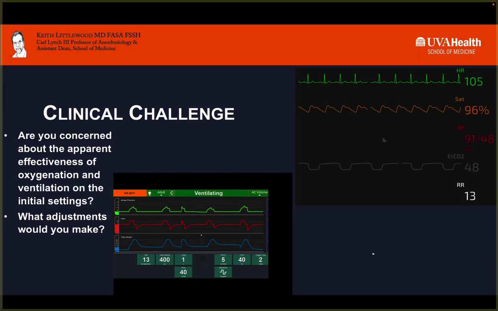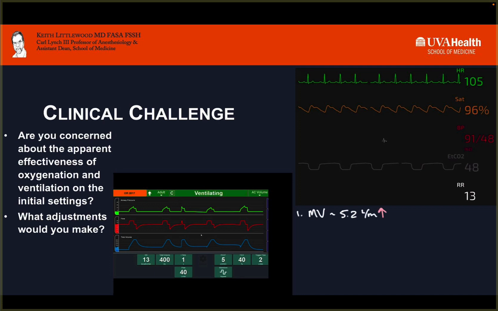A couple of the things that I would be thinking about might be, is my current minute ventilation, which is going to be about 5.2 liters per minute, adequate? If not, then it would be as simple as increasing that.